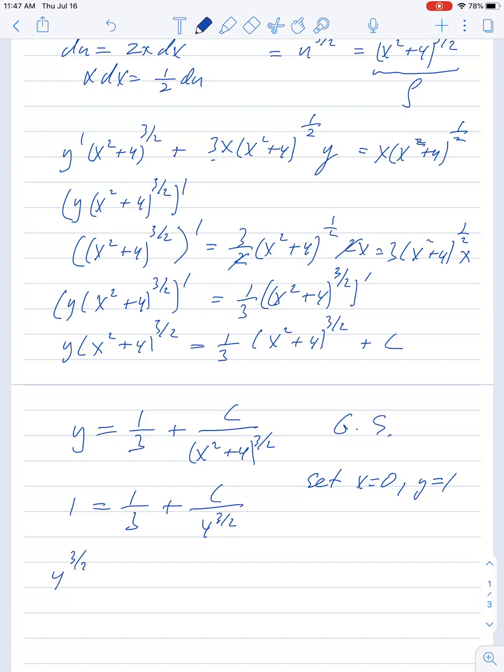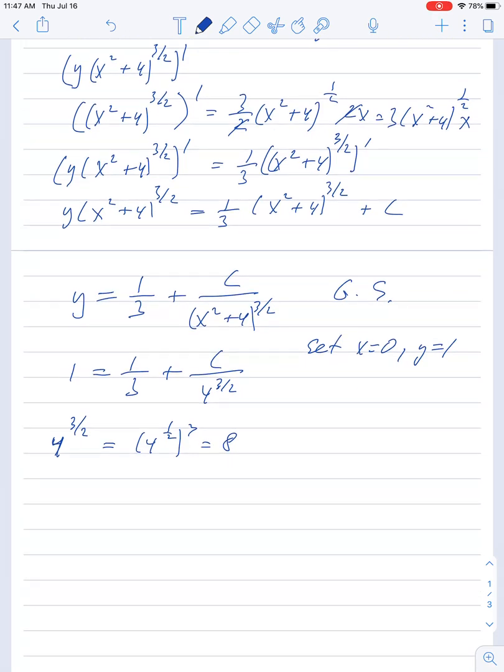We can write 4 power 1/2 cubed. So this will be 2 cubed, that's 8. So the equation that we have for c is 1 equals 1/3 plus c over 8. Solving for c: c over 8 equals 1 minus 1/3, which is 2/3. So c will be 16/3.